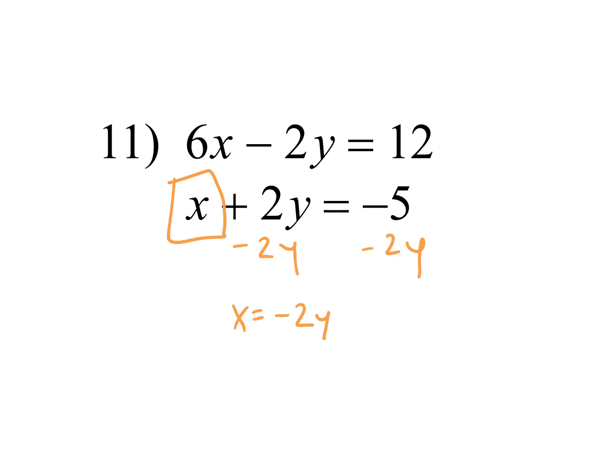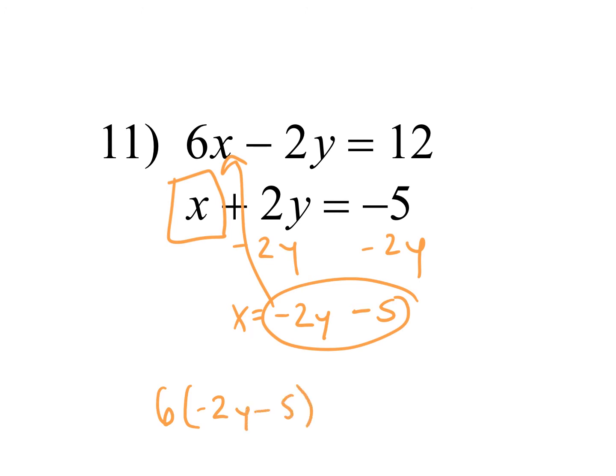Doesn't matter the order. So negative 2y minus 5. So this is x. What do I do with it? Plug it into x in the first one. So 6 times negative 2y minus 5 minus 2y is equal to 12.